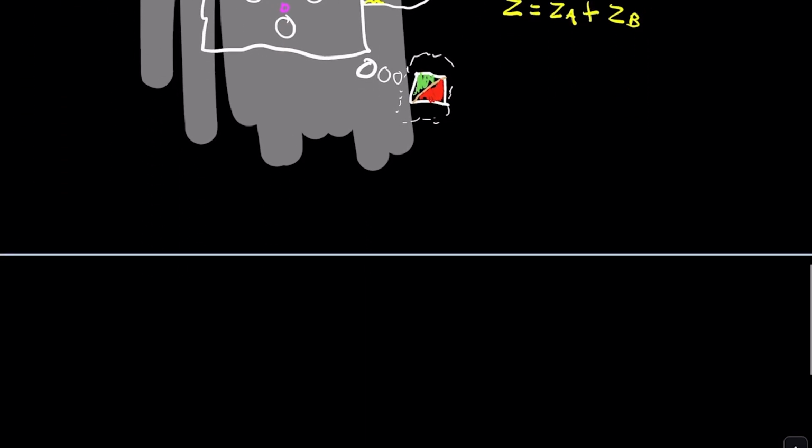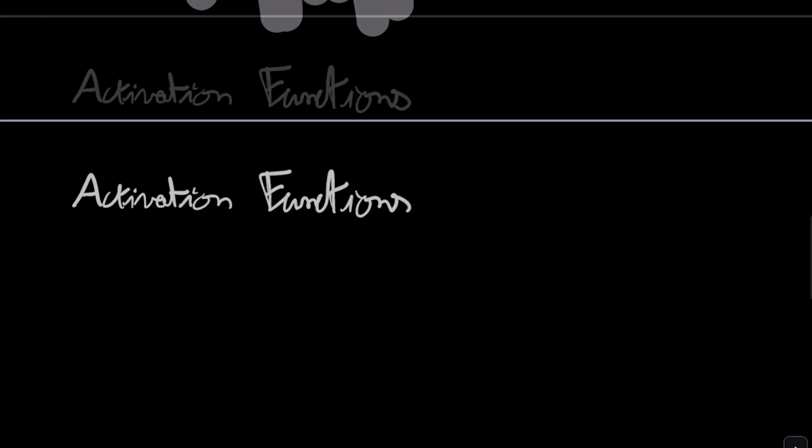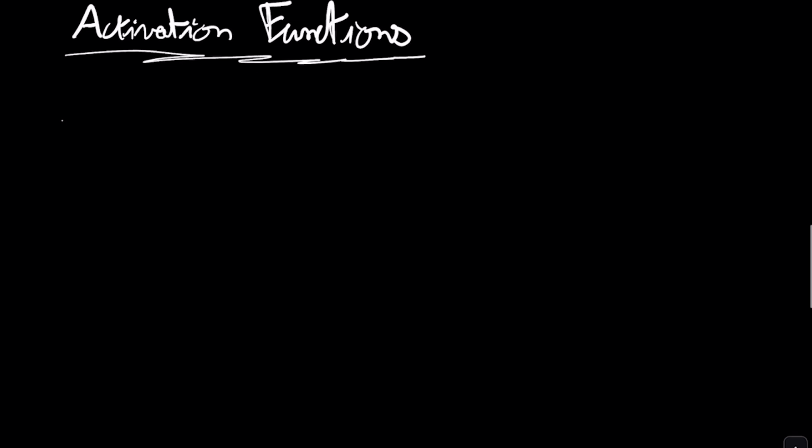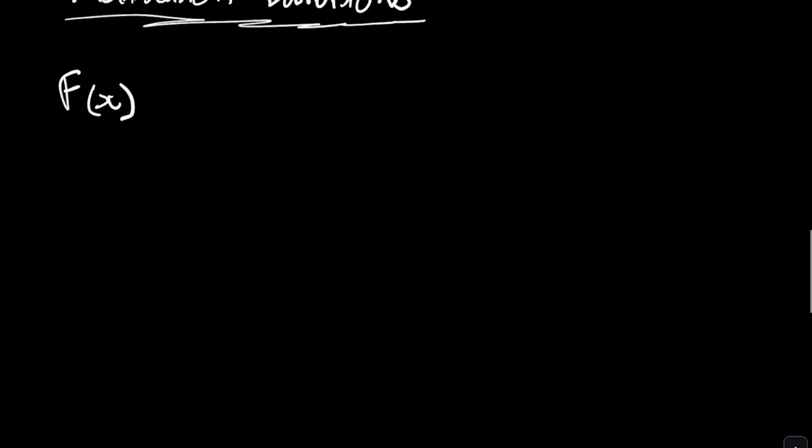I would like to introduce activation functions. Now, you may have already heard of functions. I'm sure you're familiar with the classic f of x. A function is essentially where you plug in some value and some rule gets applied to that value and you get a new value.